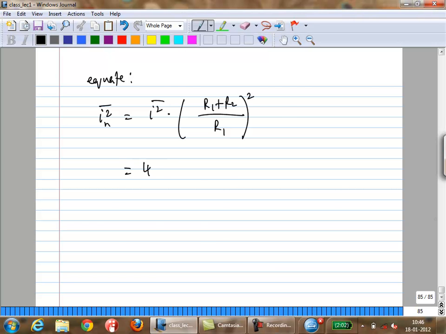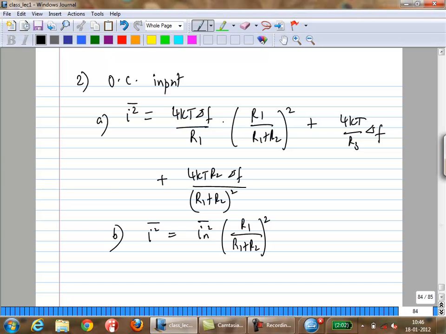So what is this? If you multiply this by R1 over R1 plus R2 the whole squared, what does that give you? Let's start off one by one.